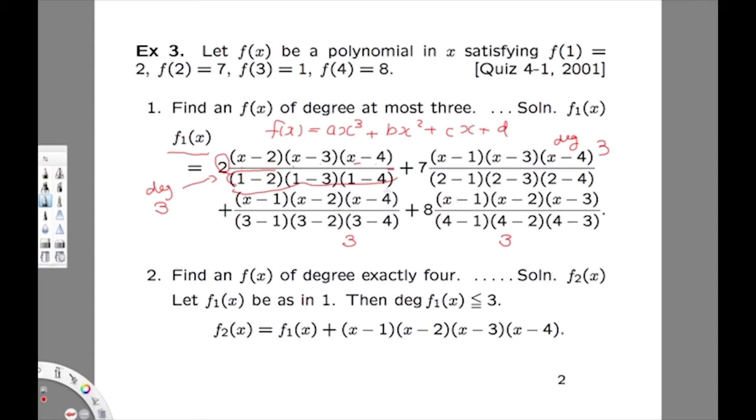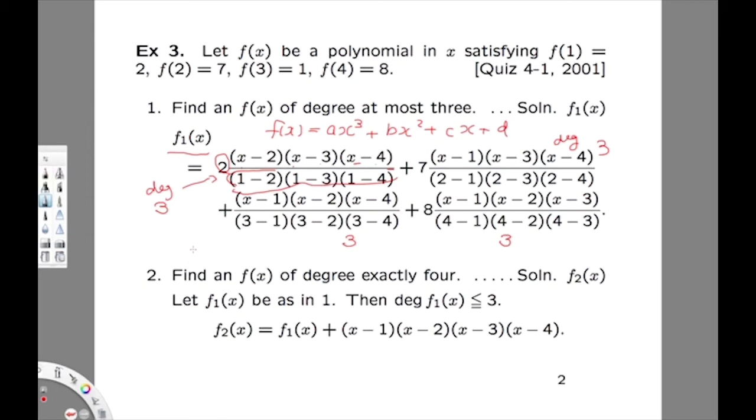But since the form is very complicated, you cannot tell whether the coefficient of x cubed is 0 or not, right? So I say that this is a polynomial of degree at most 3, because anyhow the polynomial involves just x up to x cubed. So this is the polynomial of degree 3. Okay, and this is the solution.